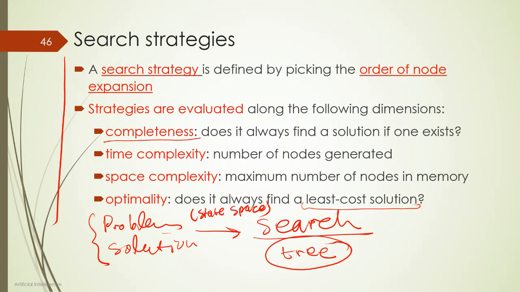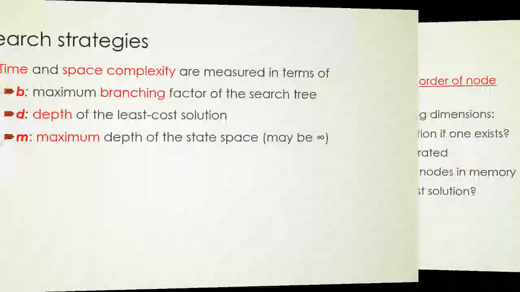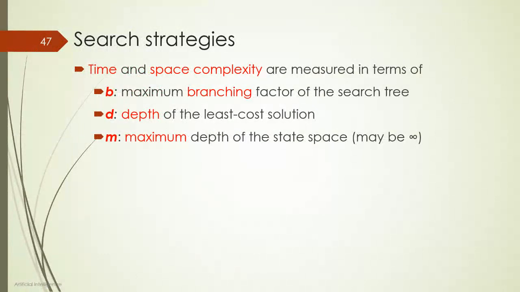If a search can find a solution and that solution is always of minimal cost, we call that an optimal search. Search strategies, the time and space complexity, are measured in terms of the maximum branching factor of the search tree, depth, how many levels I need to go down to find the solution, and the maximum depth of the state space.